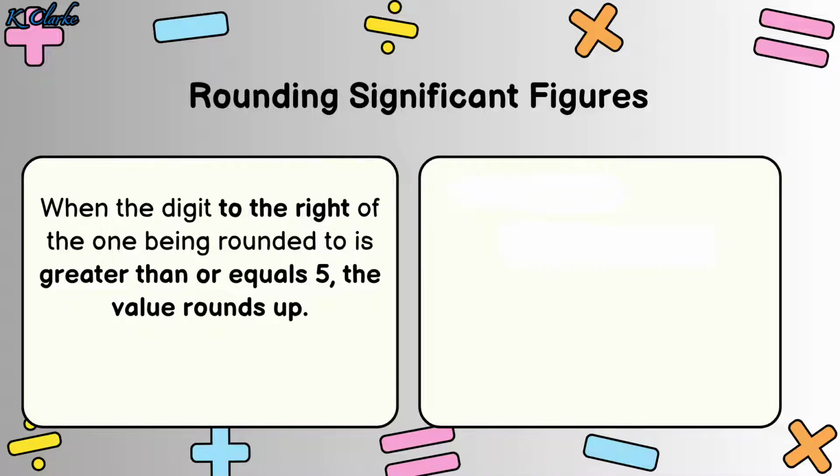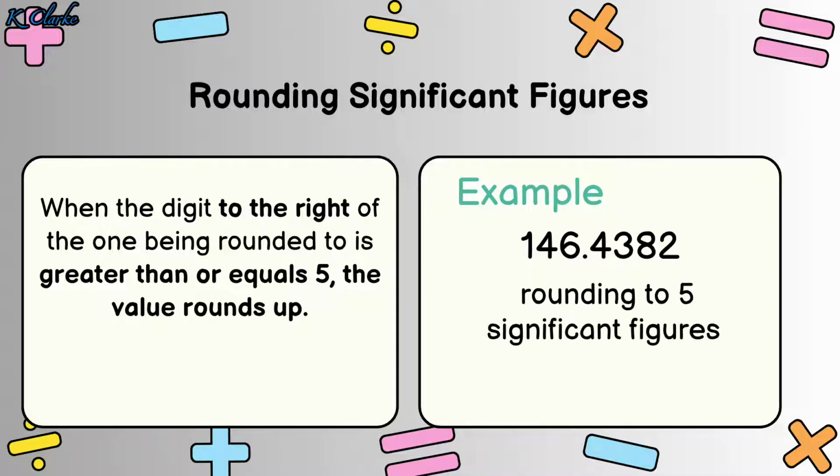When the digit to the right of the one being rounded to is greater than or equal to 5, the value rounds up. For example, 146.4382 rounding to 5 significant figures. 3 is the 5th significant figure.